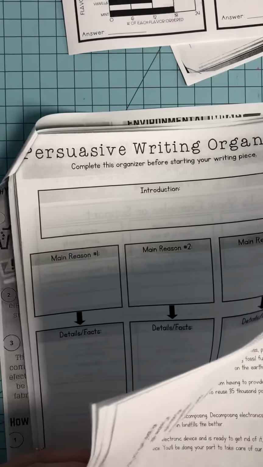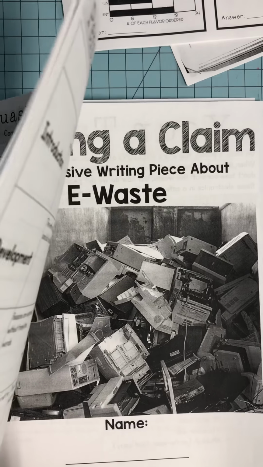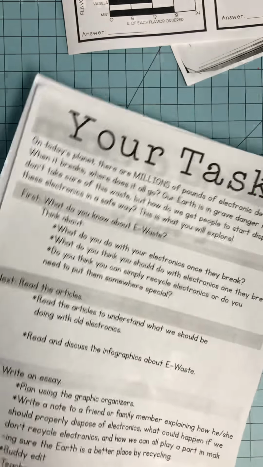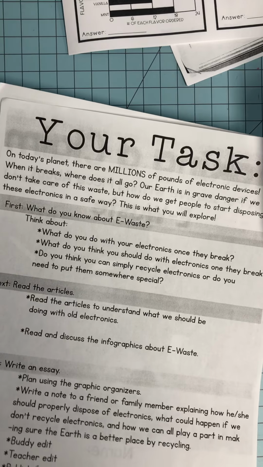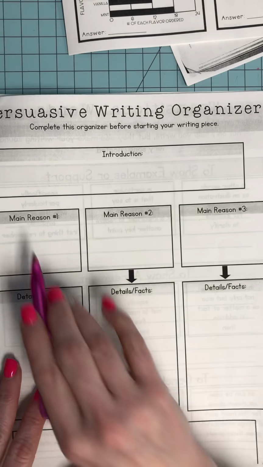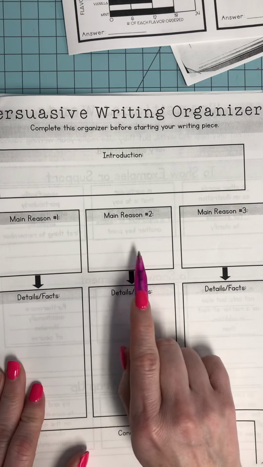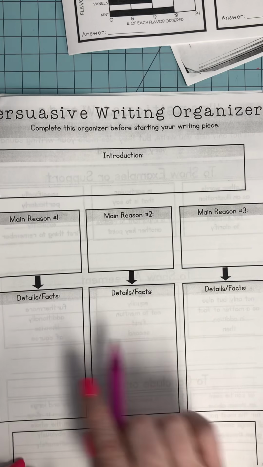Remember that your paper is going to be about persuading, I'm assuming persuading the stopping of e-waste, okay? So come up with your reasons and use those to write your paper, okay? Remember, you have to have your main idea and then 3 details about why that's a good idea. And that's for each one, and then these are your paragraphs.